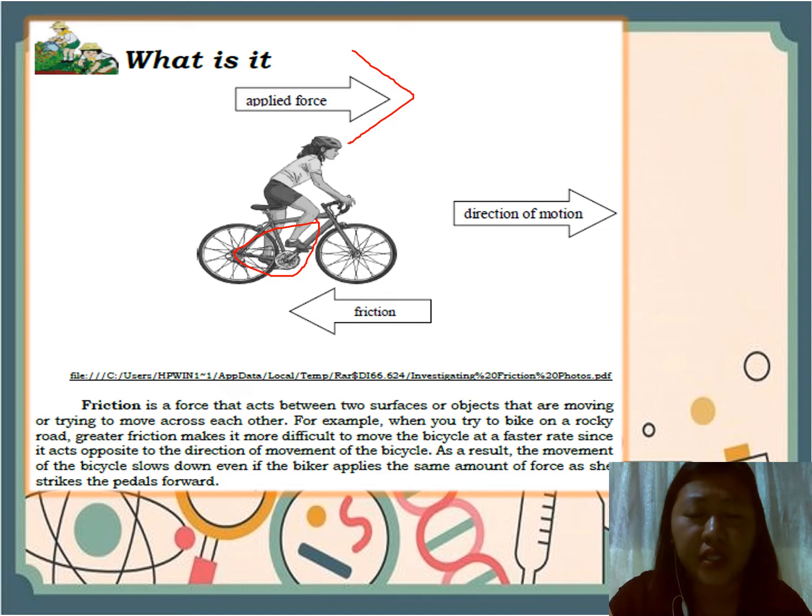So of course, if you apply force going this direction, the direction of motion is the same. It also goes this way. But look at the friction. Where does it go? So, it acts in the opposite direction of the movement. So, that is the nature of friction. If you are going to the right, the friction acts on the opposite. So, it goes to the left, or vice versa.